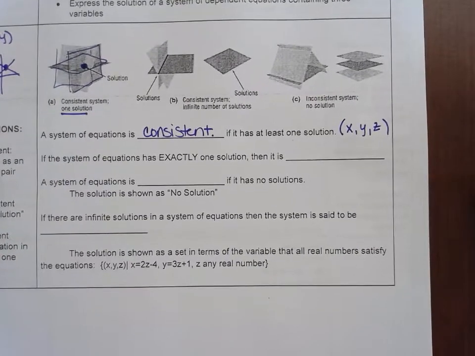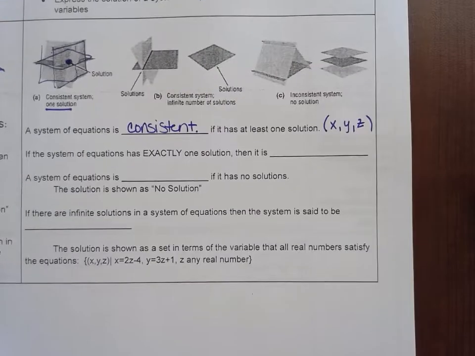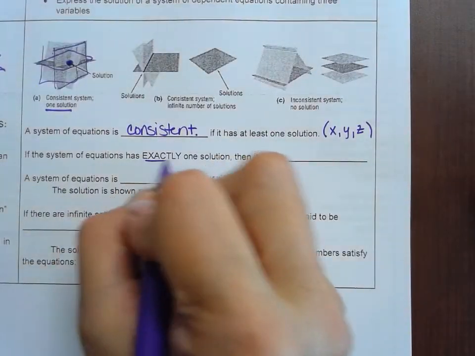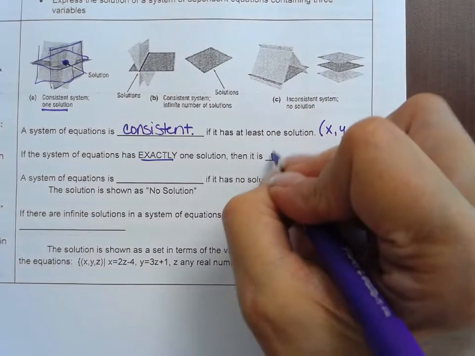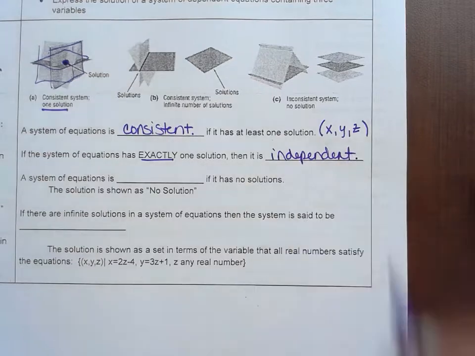As we're doing these, it doesn't matter what letter you use, so always do them in alphabetical order, okay? So if the system has exactly one solution, that is an independent, consistent system.